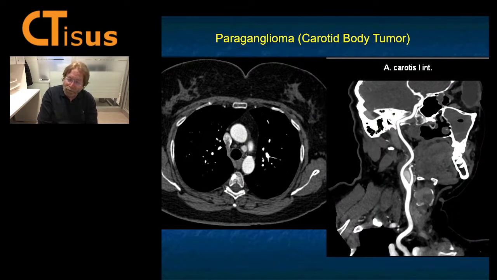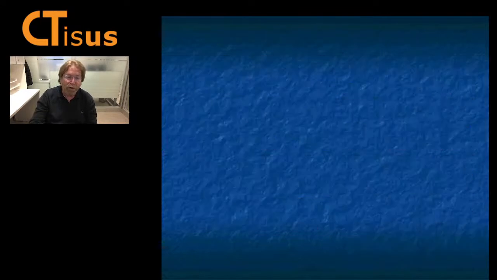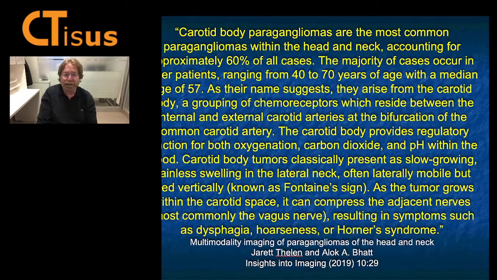Again, most paragangliomas I show you are in the abdomen, near the adrenal, near the pancreas, but they could be in the chest, in the mediastinum, could be in the neck. And again, a really nice carotid body tumor. And just a couple comments. Carotid body tumors are the most common paragangliomas within the head and neck region. Okay? A really, really, really nice case.